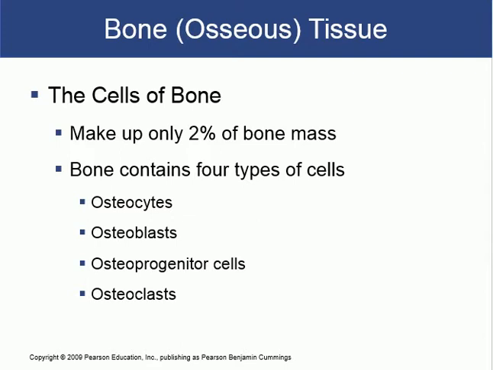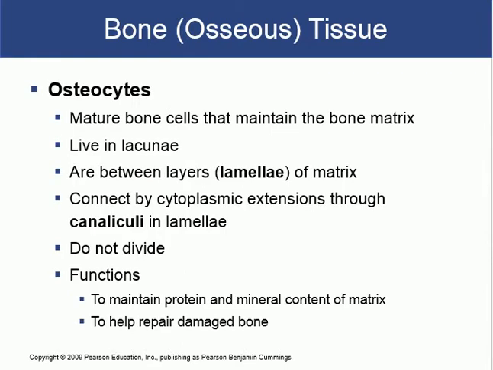Osteoclast means the bone breaker. So osteocytes is just the mature bone cells that maintain and modify. That's what I want you to remember. Osteoblast makes the bony matrix. Osteocytes modify, maintain.